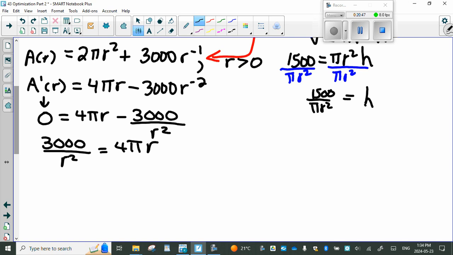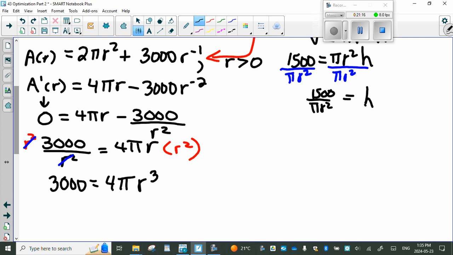And then how do I get the r so it's all in one spot? Multiply both sides by r squared. Very good. So on this side, those r squareds divide out. And I get 3,000 equals 4 pi, and then r times r squared is r cubed.